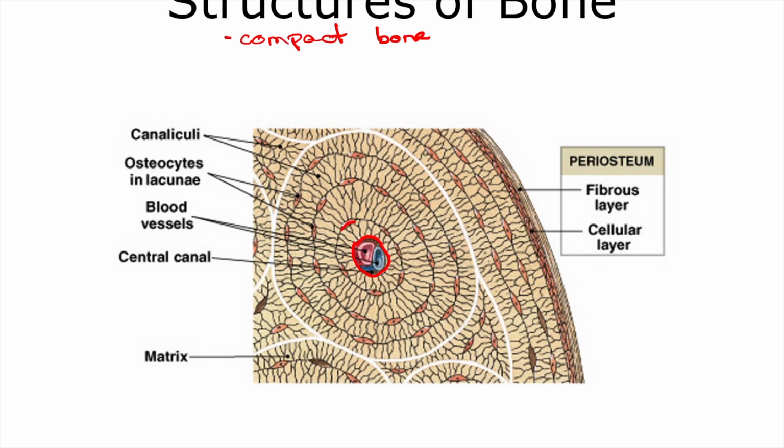Then you're going to have these layers surrounding the central canal. And these layers are called lamellae, or lamella singular. The cells found in bone are called osteocytes. And similar to our chondrocytes, those are also found in hollow spaces called lacuna.